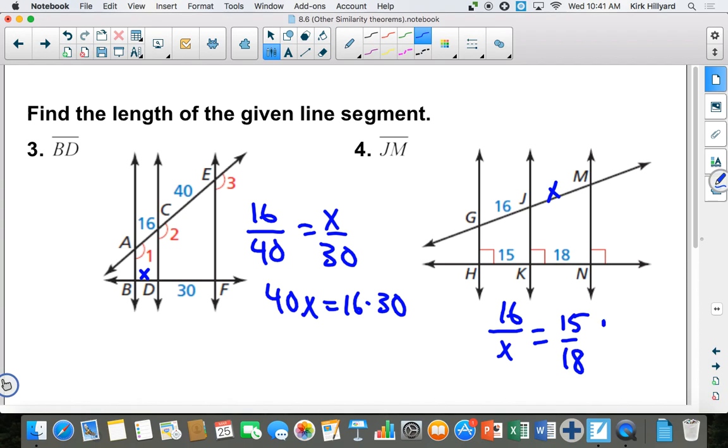You would cross multiply, and we get 15x is equal to 16 times 18 and solve that. When you solve those just for practice, you should get, let's see, for number 3 you should get 12, and number 4 you should get 19.2.